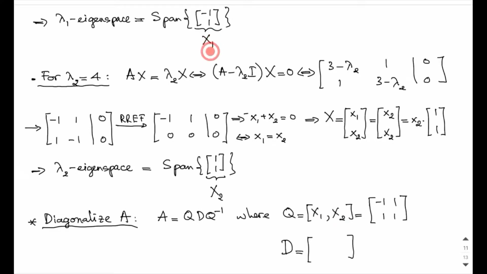X1 is associated to lambda 1, so this should be lambda 1. Lambda 1 is 2, so you can go ahead and write 2. Now for x2, the associated lambda value is lambda 2, that is 4. So you put 4. Because this is a diagonal matrix, we have 0 elsewhere.